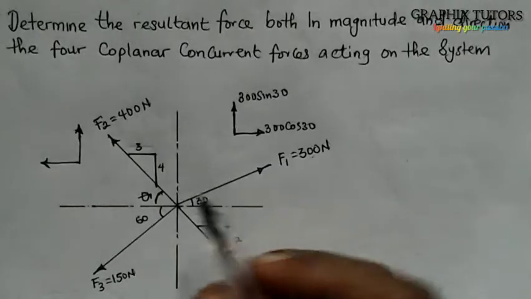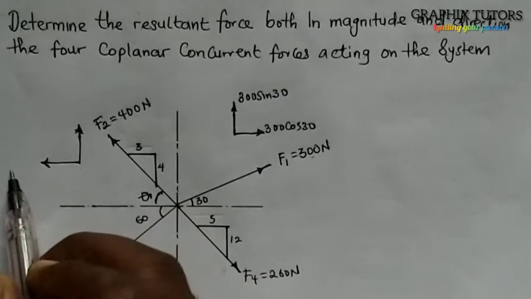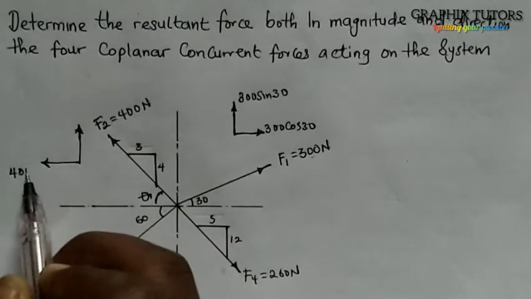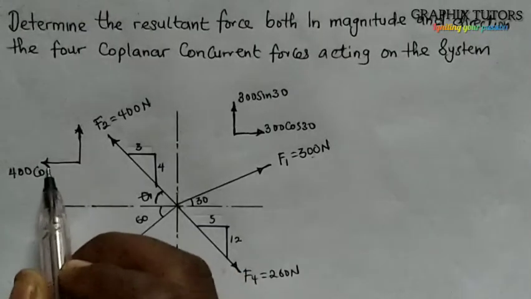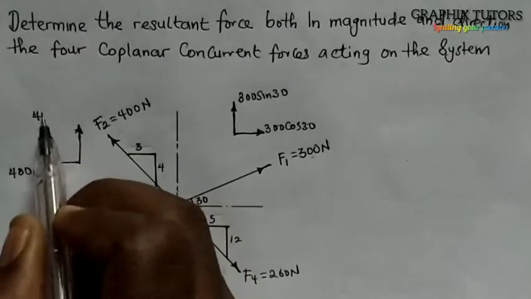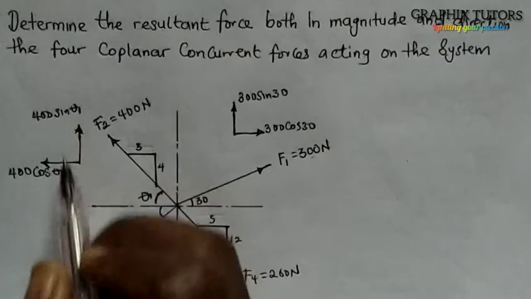So what I'll simply do, I can simply write here that 400 cos theta 1, and here will be what? 400 sine theta 1.